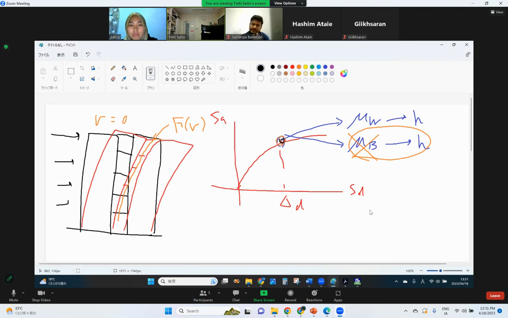So from this target point, you can get omega. This slope is omega. And if you know omega, you can get the velocity. So velocity is deformation multiplied by omega, just omega is a kind of velocity.